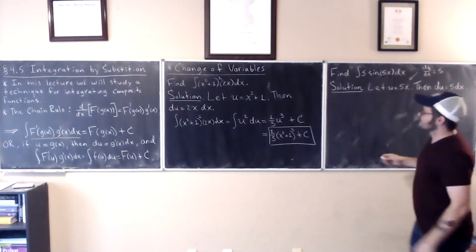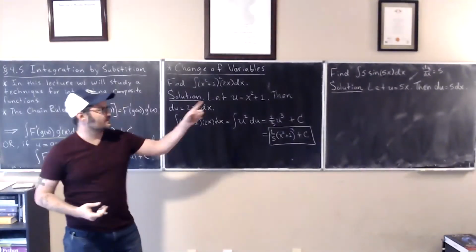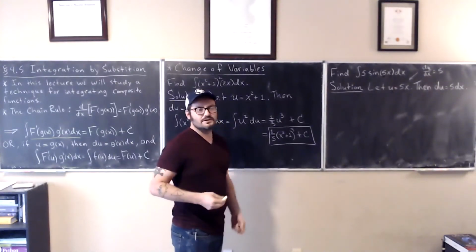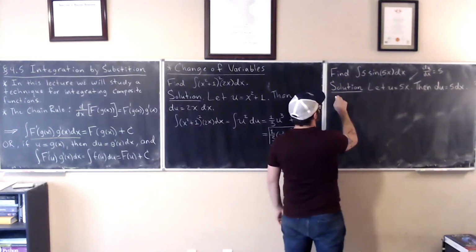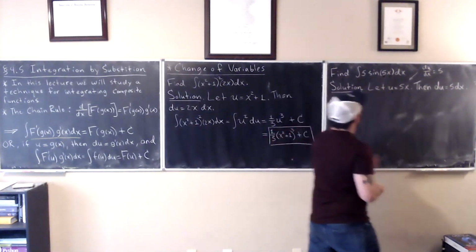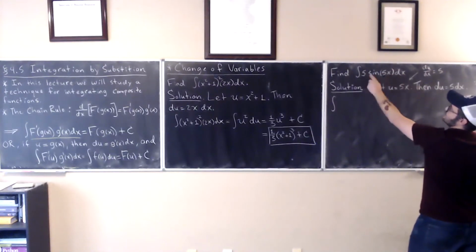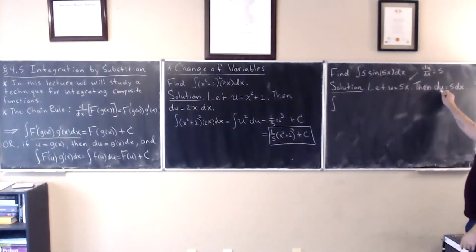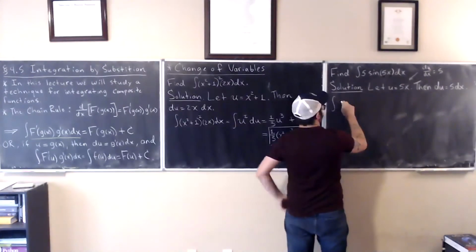Okay. So now once we've done that, we can interchange these variables in the original indefinite integral and then integrate with respect to the variable u. So then this would become, so I see a 5 times sine 5x times dx. Oh, 5 times dx is just du, and then sine of 5x is just sine u, so I can rewrite that as follows.